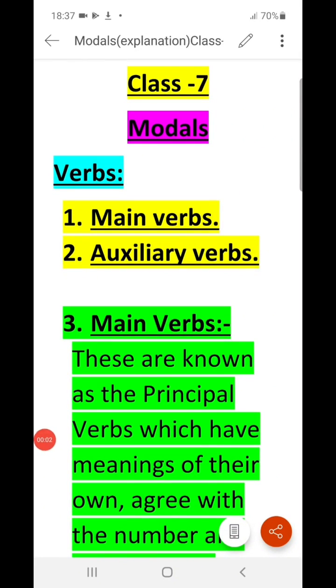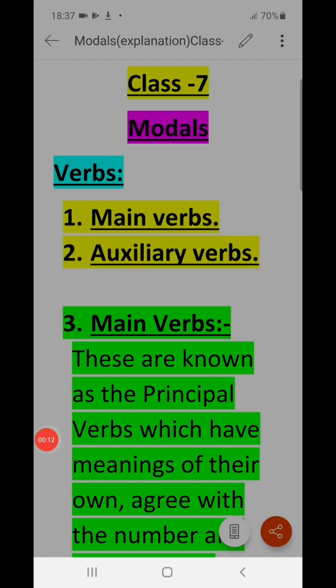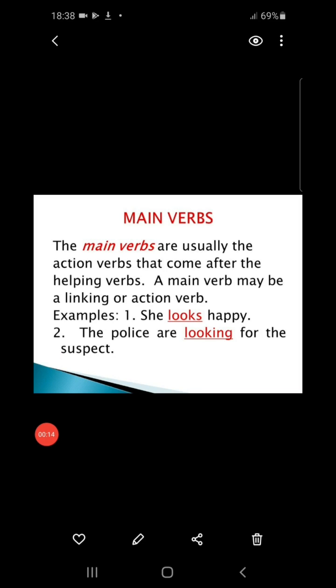Verbs mainly are of two kinds: main verbs and auxiliary verbs. Look at the definition of main verbs. The main verbs are usually the action verbs that come after the helping verbs. A main verb may be a linking or action verb.